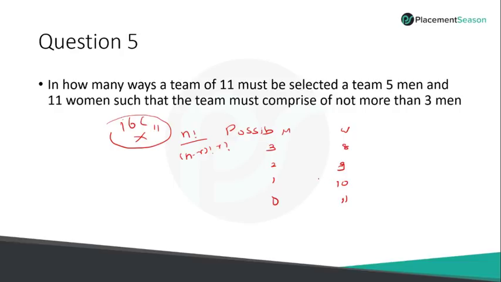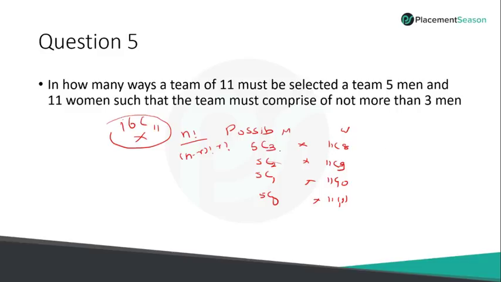So these are the different 4 possibilities because the team comprises not more than 3 men. So this can be done in 5C3 ways into 11C8. So out of 5, 3. So these are the combinations available. And similarly 5C2 into 11C9, 5C1 into 11C10, and 5C0 into 11C11. So these are the 4 different possibilities.